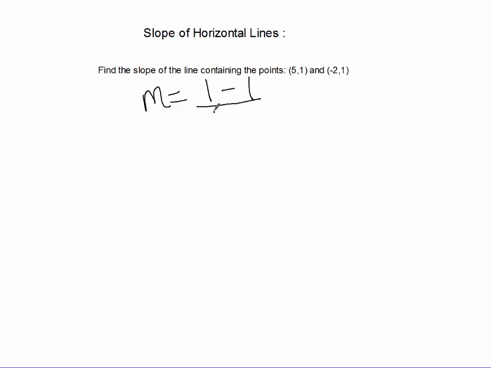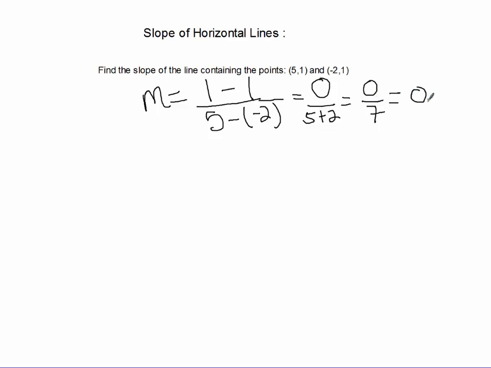And then in the denominator I have 5 minus -2, the x minus the x. Here 1 minus 1 is 0, 5 plus 2 in the denominator, so you get 0 over 7. Now 0 over 7, we can do that. That is defined. 0 divided by anything is always 0. So you get a slope of 0.